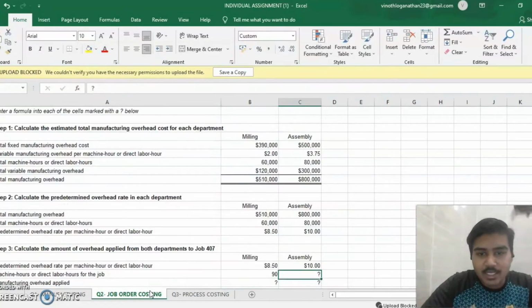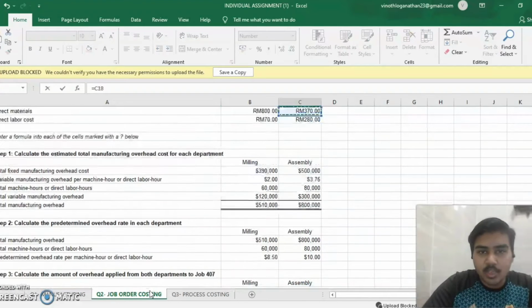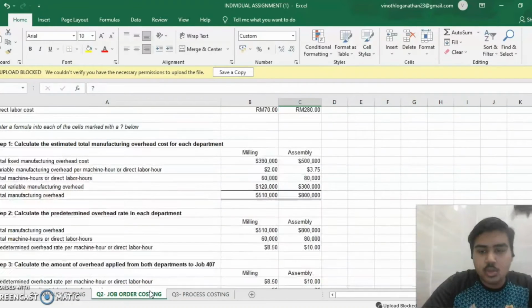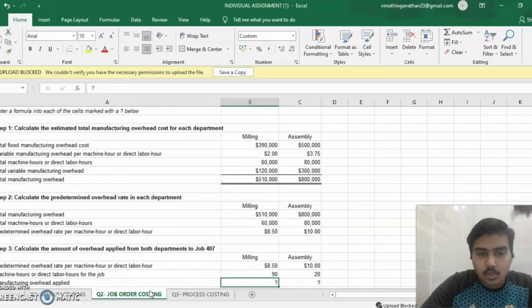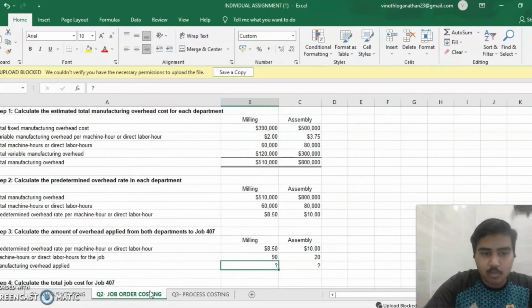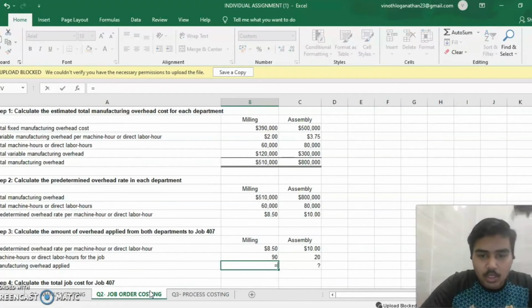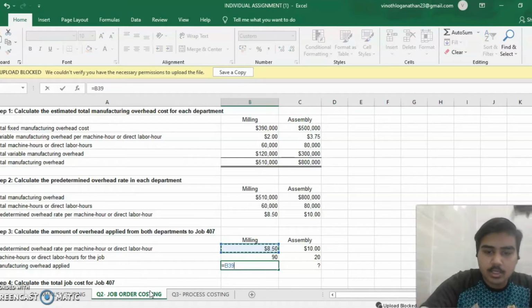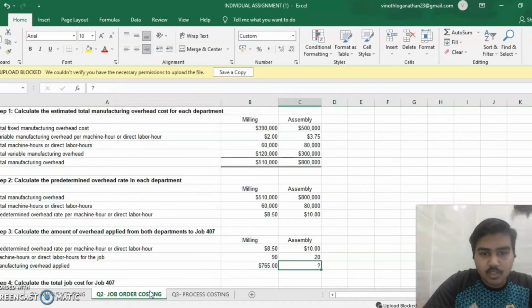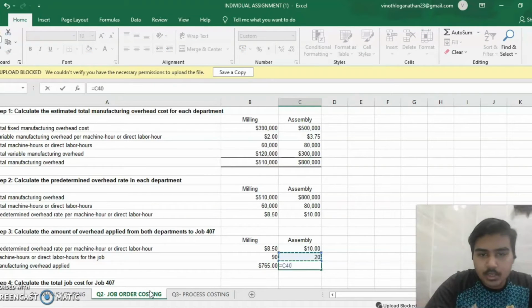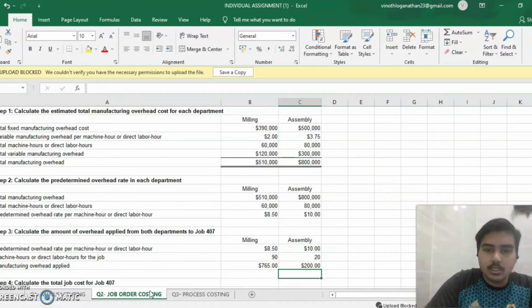So here we have 90, and here we have 20. Okay, so now as we did above in step 1, we do the same thing. We multiply this times this, so we get our manufacturing overhead applied. This times this, so you have 200.